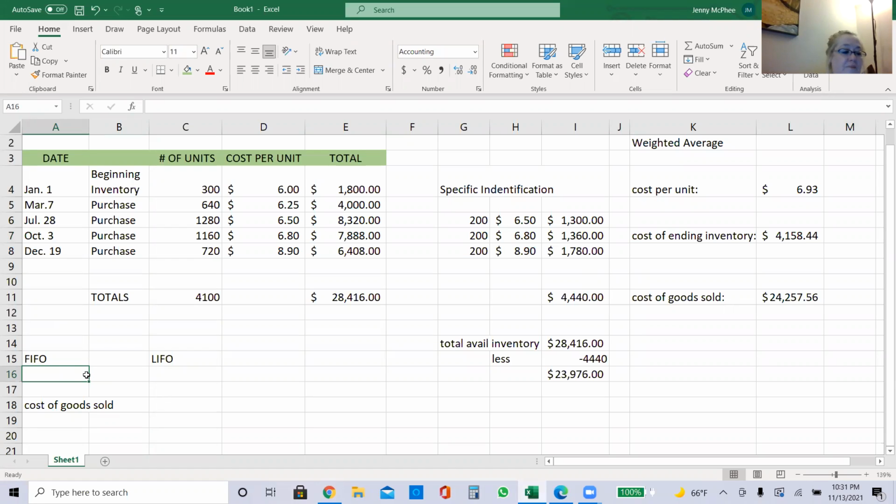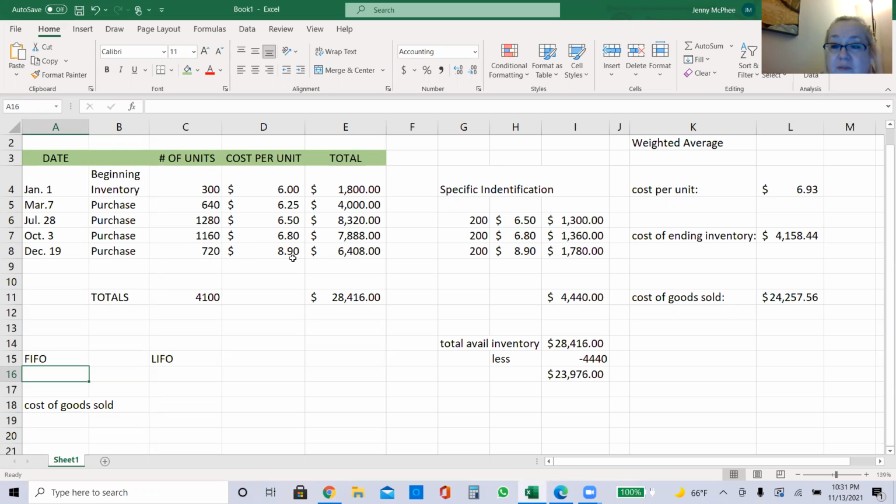So this is where we start looking at specifics more so than we have done before. For FIFO, we're going to take our units all from the last purchase. There was 720, so we only need 600 of them.